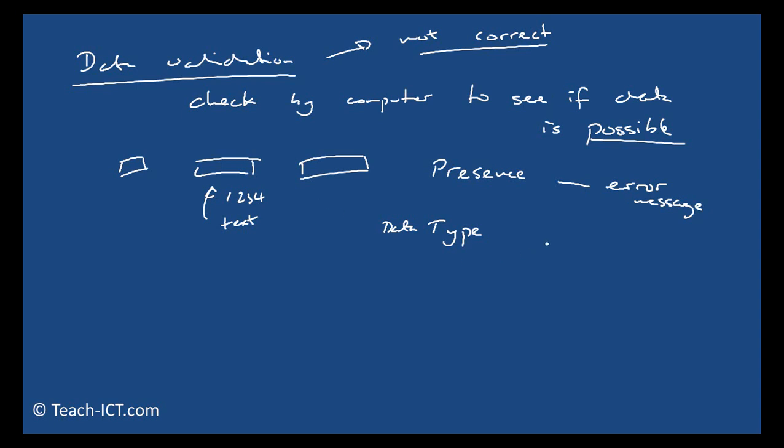Perhaps a better example of data type than that one would be if you're asked to enter a credit card number and you put in a letter in there. There's no letters in a credit card number. So a data type check is going to make sure that the characters that you've entered are the ones that are expected, if you like.